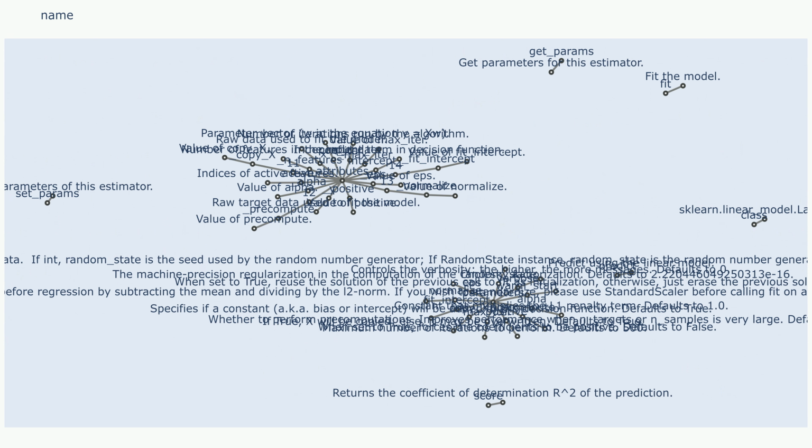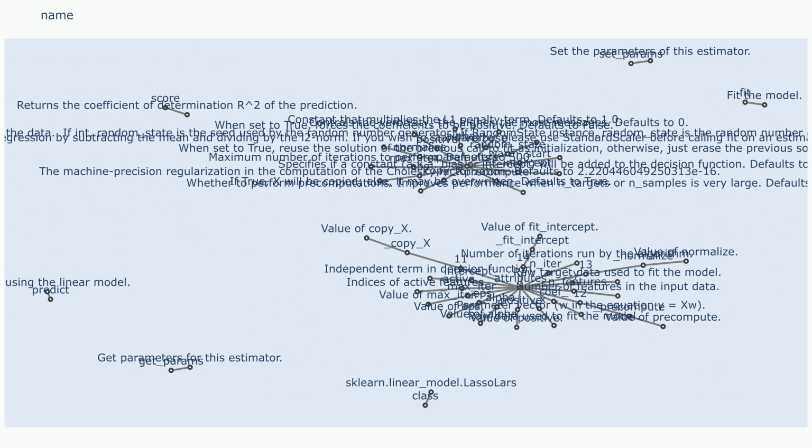Determines whether the solution from the previous fitting should be reused as the starting point for the current fit. Setting this to true can speed up fitting, especially when the data or parameters change slightly between calls to fit. Defaults to false.